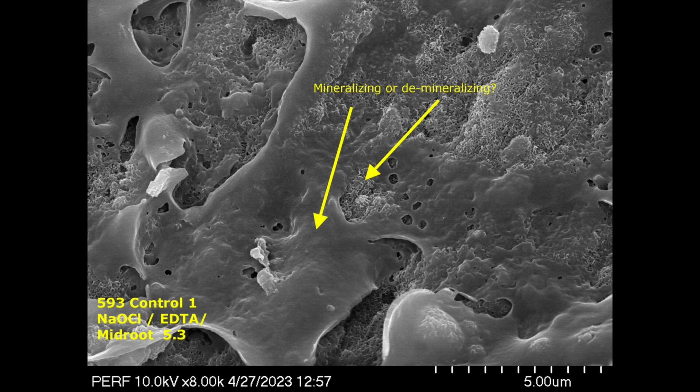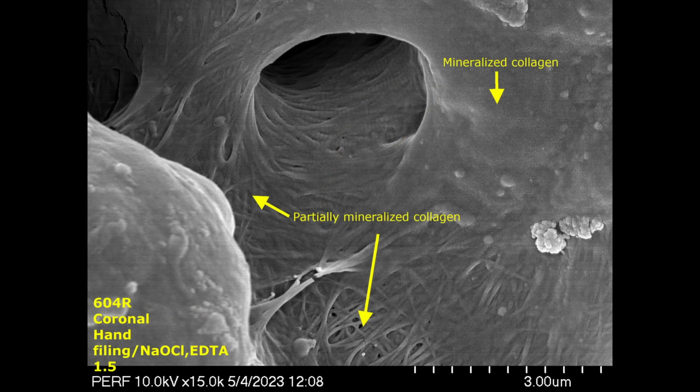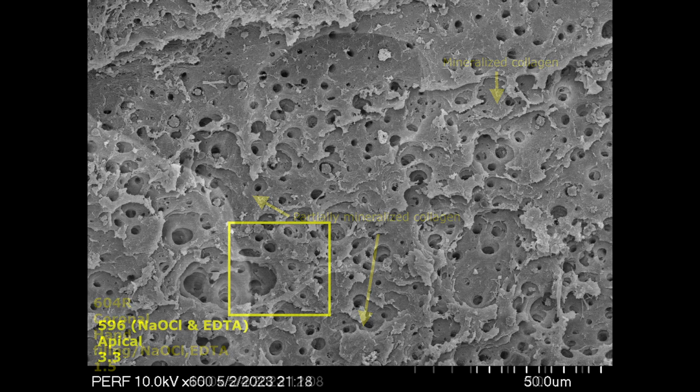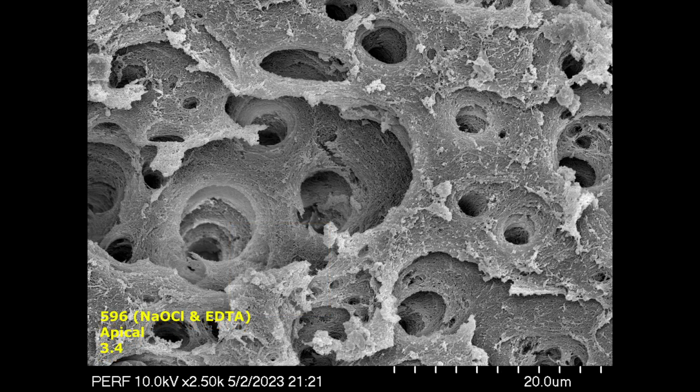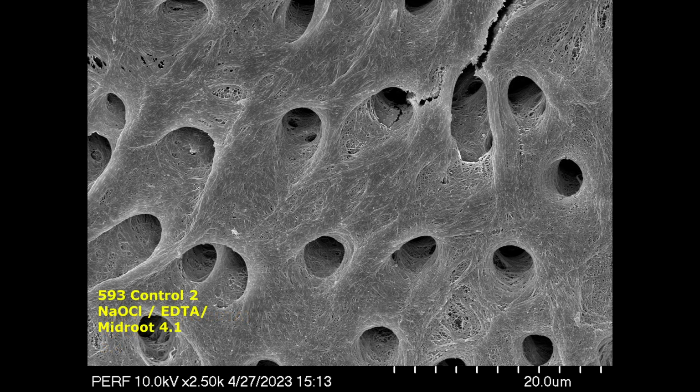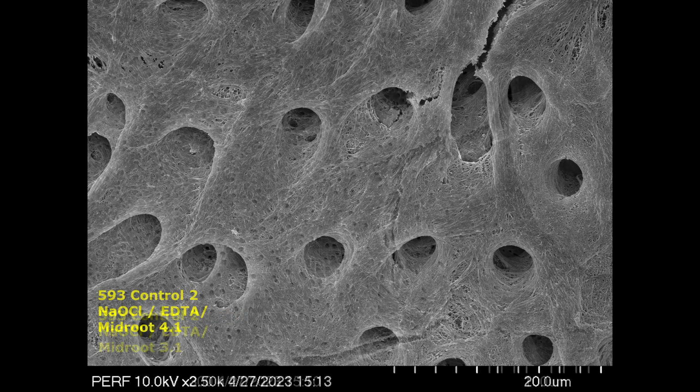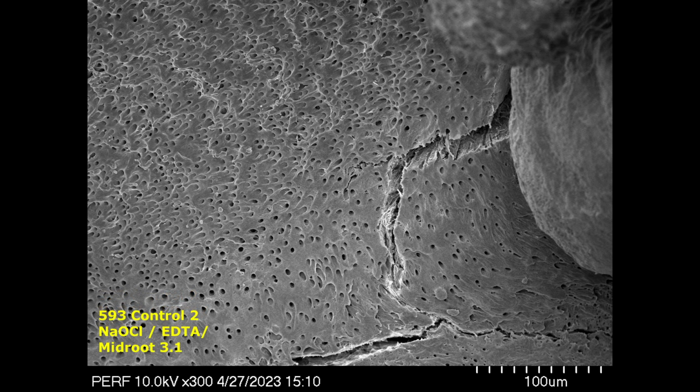Now when we add EDTA to it, it becomes more difficult because you don't know whether it's being mineralized or demineralized. So you develop your pattern recognition based on how long the EDTA has been present, how long the bleach has been present, and what these structures look like under various times and concentrations of EDTA.